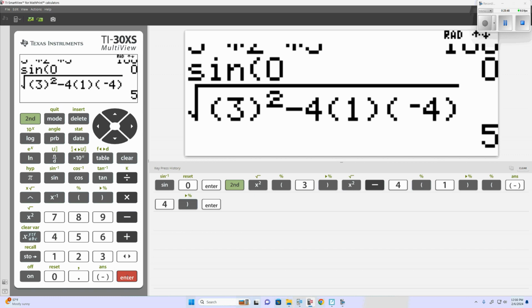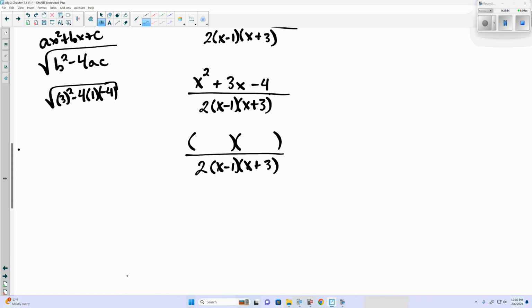And we get 25. Since we get a whole number without a decimal, it means our x squared plus 3x minus 4 factors. We're going to factor it.